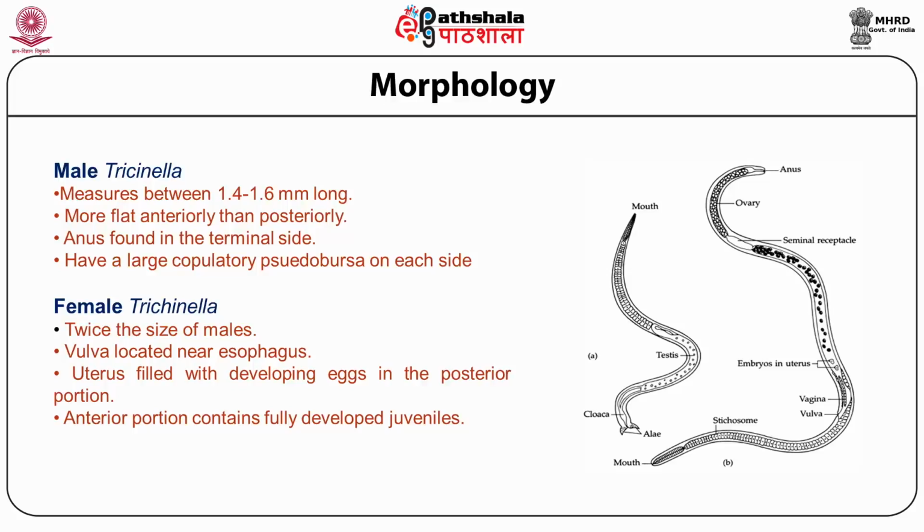In males, the copulatory sheath and spicules are absent, but on either side of the tip of the tail there are two conspicuous conical papillae termed claspers that it uses to hold on to the female worm during mating. The females are viviparous and release first stage larvae into the intestinal mucosa.